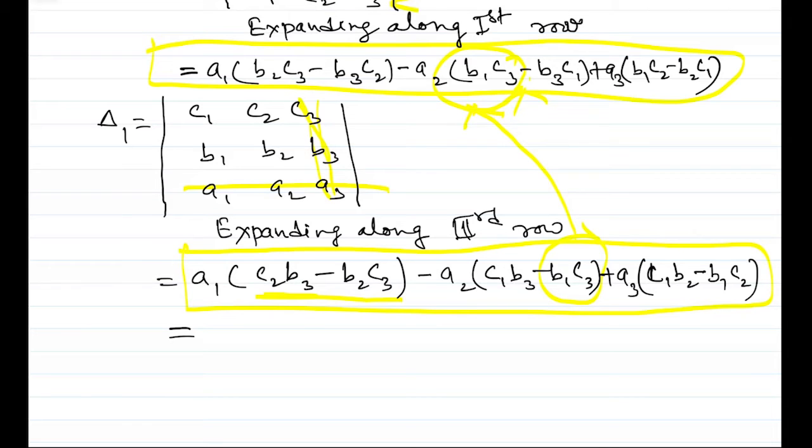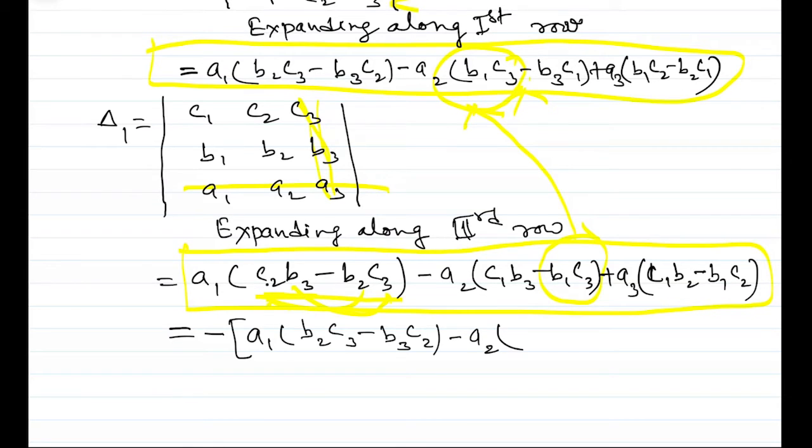If you take minus common from the entire row, we will get minus A1 into B2 C3 minus B3 C2. After taking the negative sign, C2 B3 minus B2 C3 will become B2 C3 minus B3 C2.